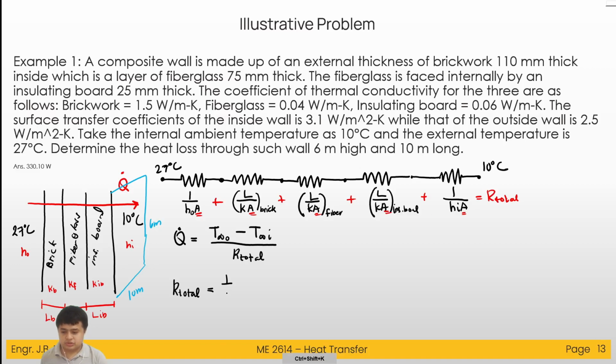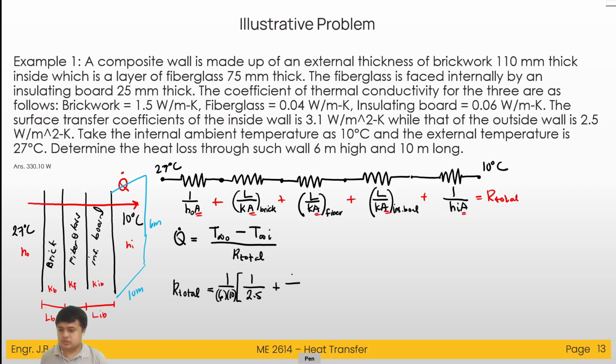So just factor the area, and then solve for 1 over H_o and so on. The area factor is 1 over 6 times 10. Then 1 over H_o, the external coefficient, is 2.5. Then plus L over K. I'll just remove the area here because we factored it out.